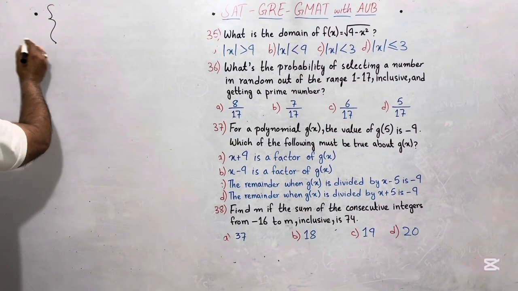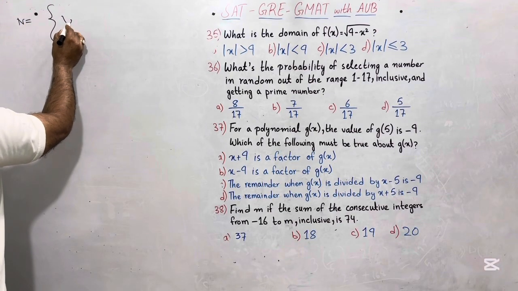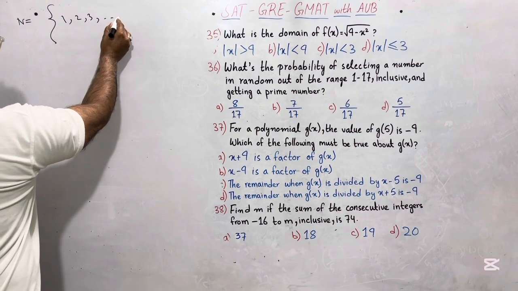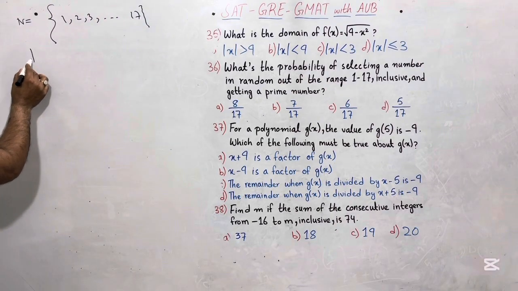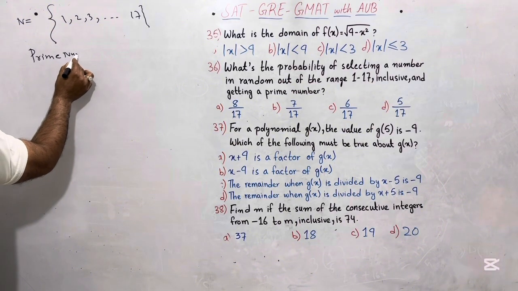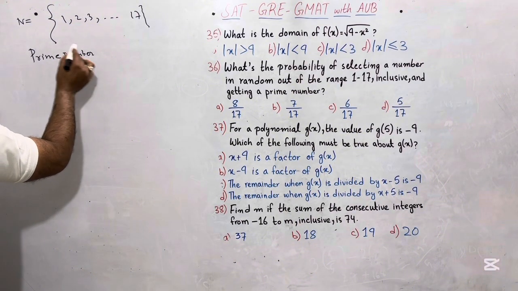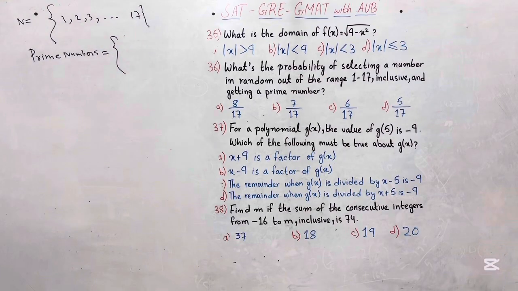The total sample space in our case is 1, 2, 3 up to 17. We have to hunt down the prime numbers from 1 to 17. Here is the misconception about 1: 1 is neither prime nor composite.